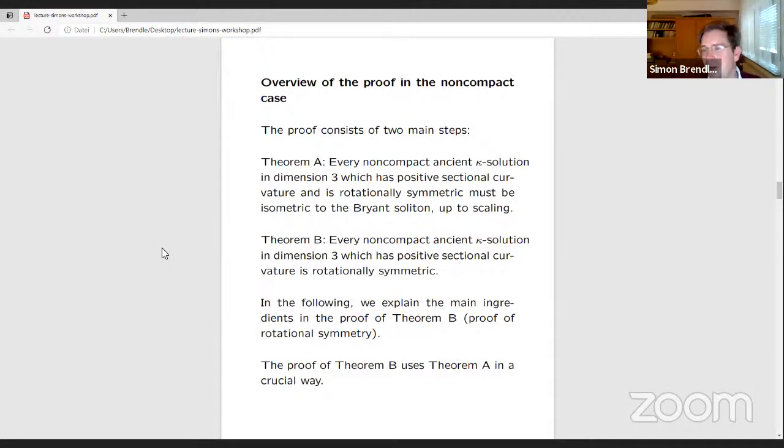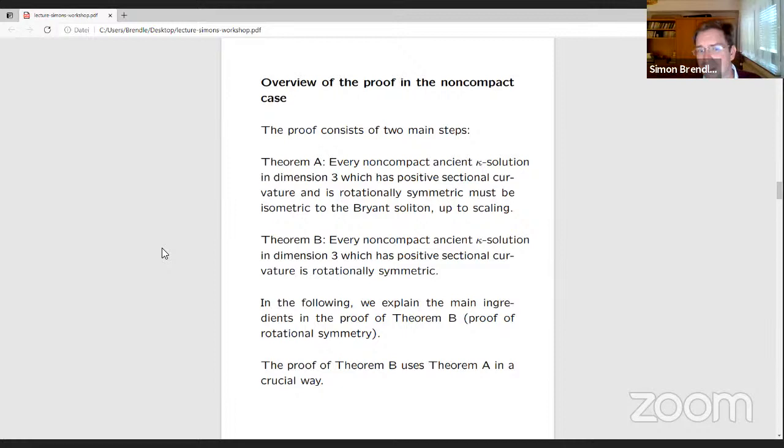And this sounds a bit counterintuitive because, if you have a solution that's not rotationally symmetric, why does it help that we could classify it if we knew it were rotationally symmetric? As far as the proof of rotational symmetry is concerned, it seems like a useless piece of information to know what the rotationally symmetric examples are, because we're trying to prove it is rotationally symmetric.